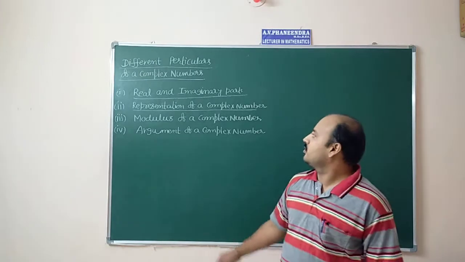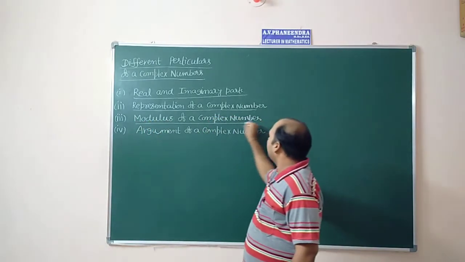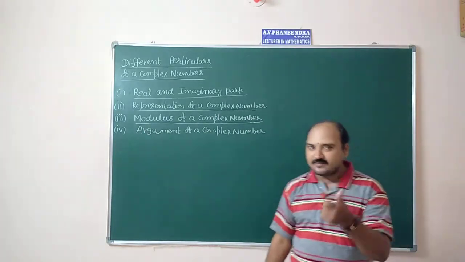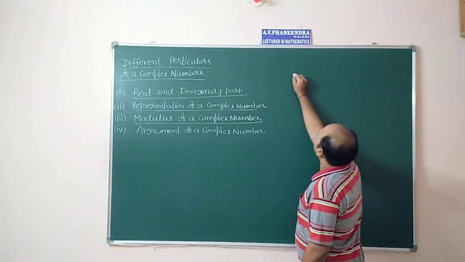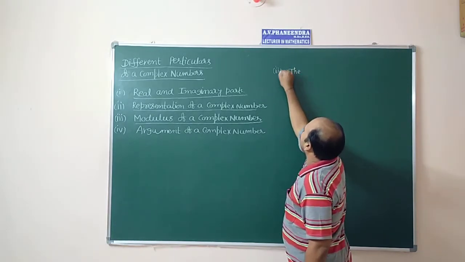Now, the third particular, the modulus of a complex number. What is the modulus of a complex number? The modulus of a complex number is the third point we are explaining now.